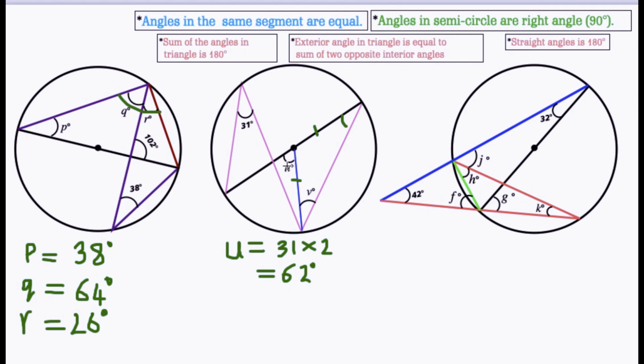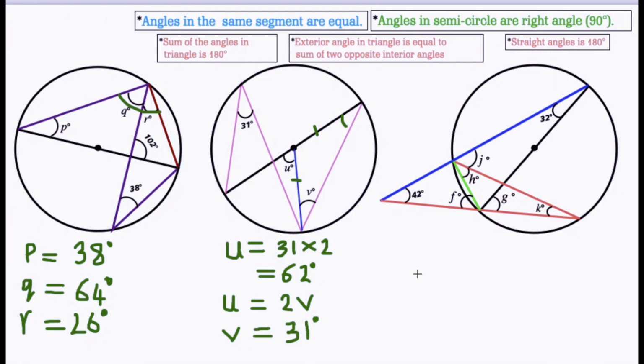So here again, U is equal to 2V. Therefore, V is U divided by 2, which is 62 degrees divided by 2, and that will also give us 31 degrees.